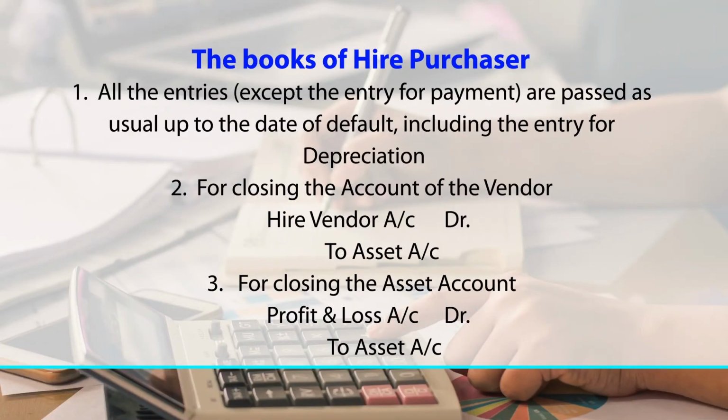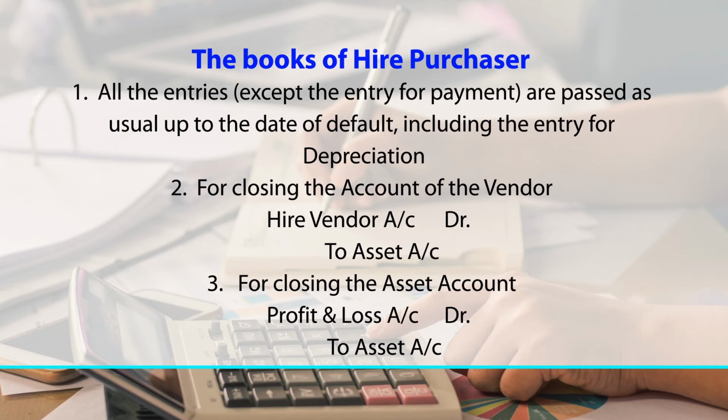He will debit the hire vendor, because the hire vendor account is a personal account, and as per the rationale of the personal account, debit the receiver. It is the vendor who is now receiving the asset, therefore his account has been debited, and the asset account is a real account, and as per the rationale of the real account, debit what comes in and credit what goes out. Here the asset is going out, therefore the asset account has been credited.